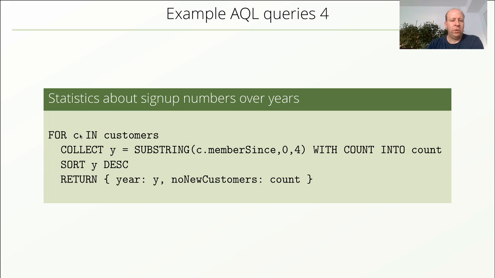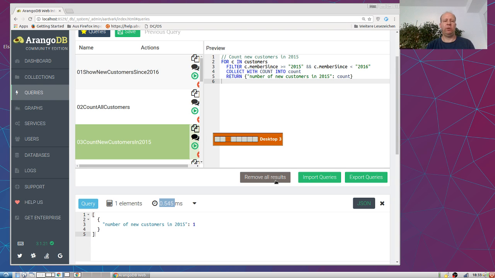So what happens here is that these aggregations are done. Then I sort by that name in descending order and return one JSON document with the year and the number of customers. So I expect 2 answers, one for 2015, one for 2016, in the opposite order.